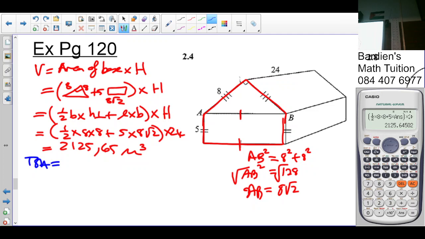When you calculate the total external surface area, it's going to be perimeter of base times height plus 2 area of base.